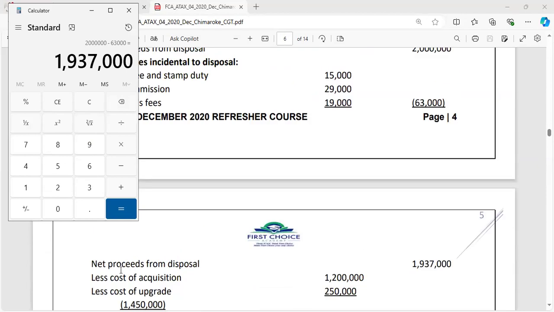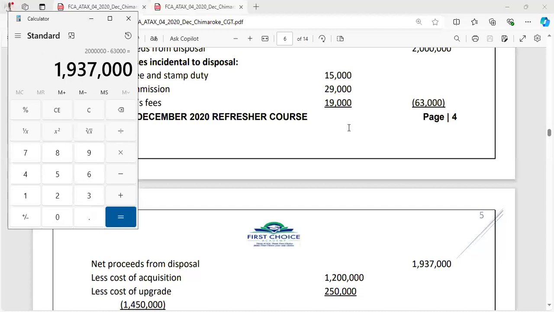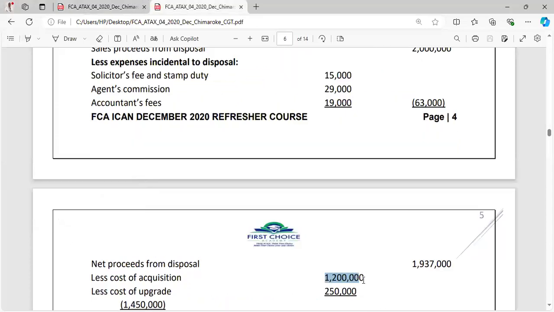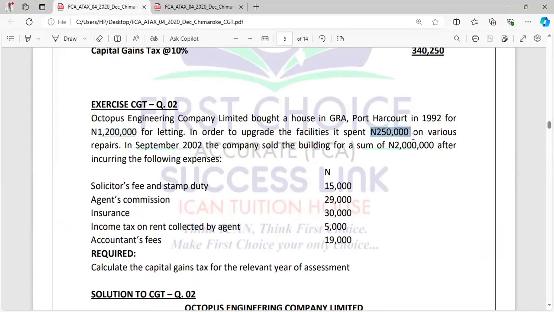Now we need to remove two other expenses. Cost of acquisition of the asset. How much was the asset acquired for? It was acquired for 1,200,000, and that's what we find here. And now the cost of upgrade, we were told that it spent 250,000 on upgrade. So that's what we got here.